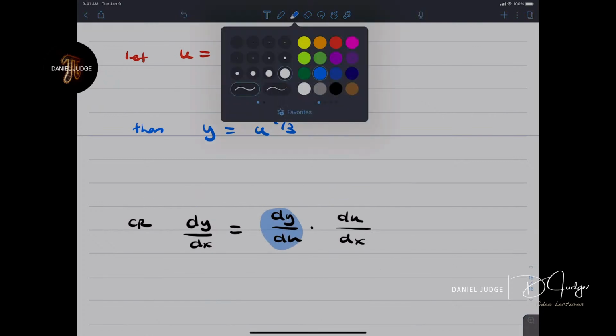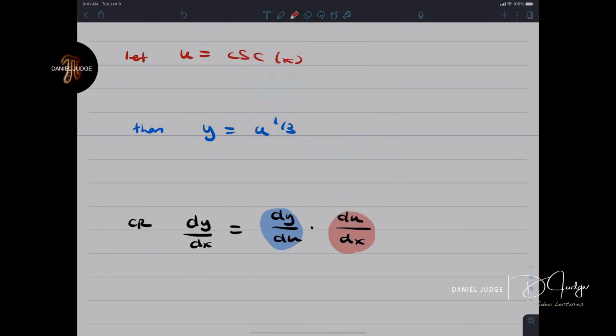dy du, du dx. dy du, the derivative of u to the 1/3, is 1/3 u to the 1/3 minus 1.